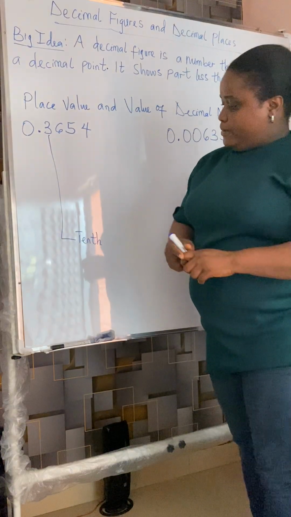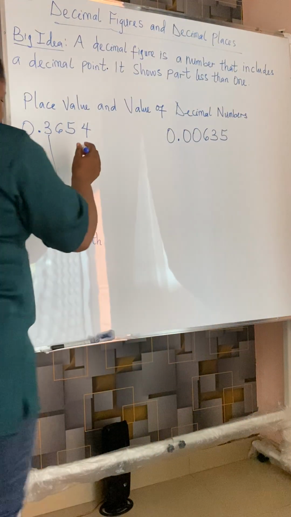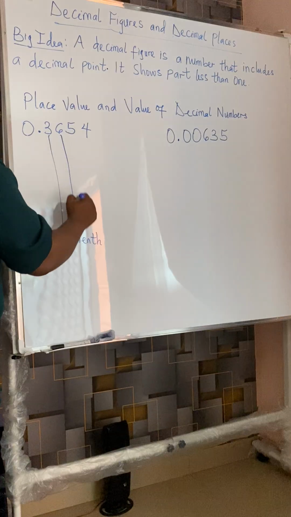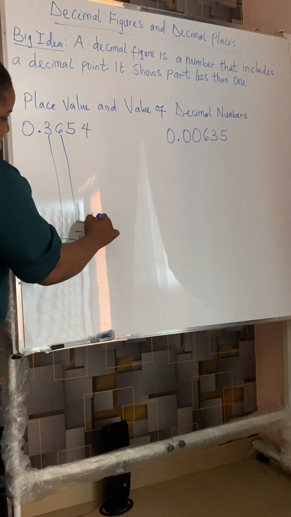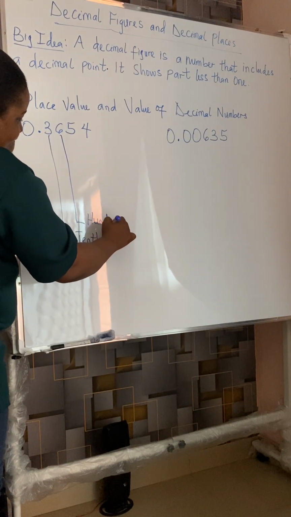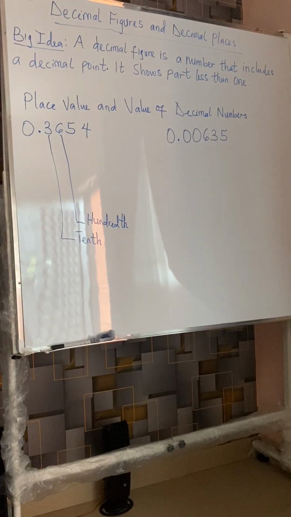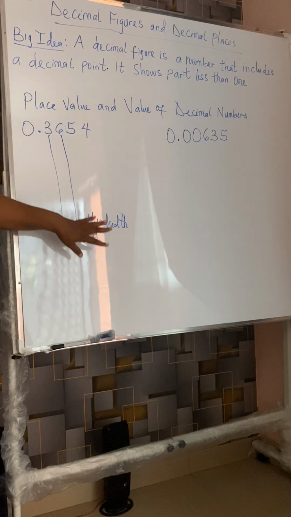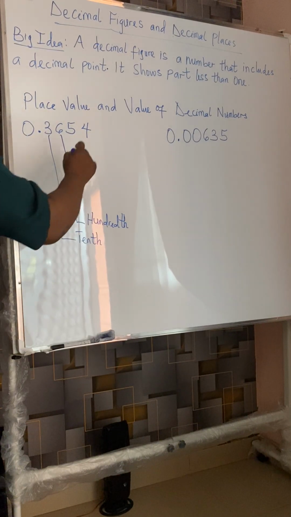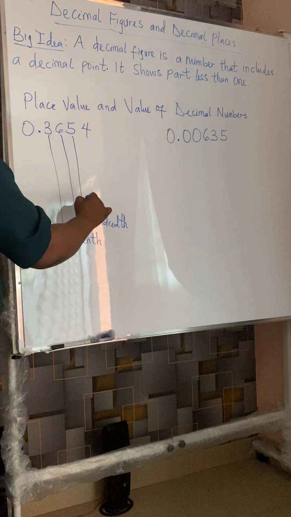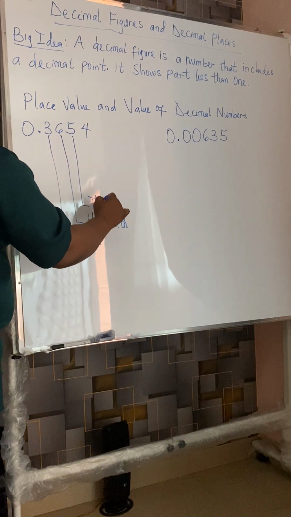This is the tenth. Then we go this way. This is the hundredth. So first position, tenth. Second position, hundredth. The third position here is the thousandth.